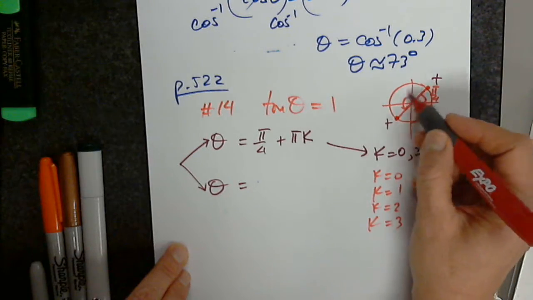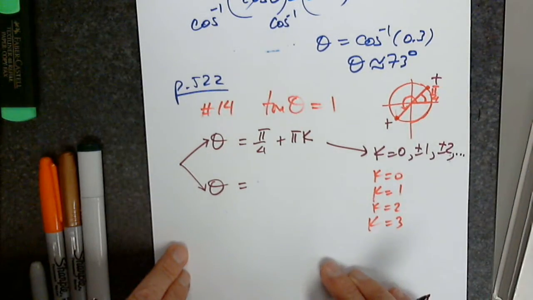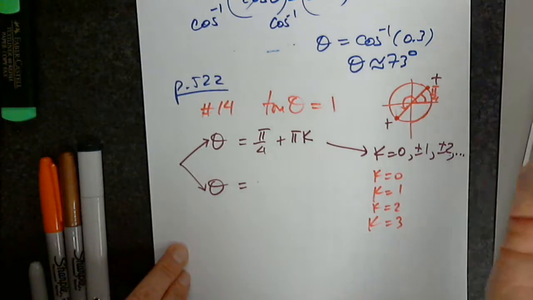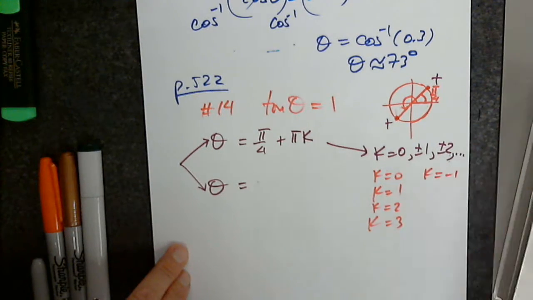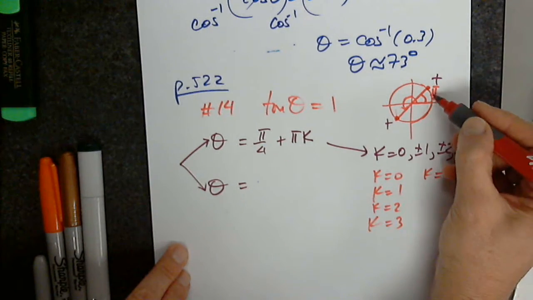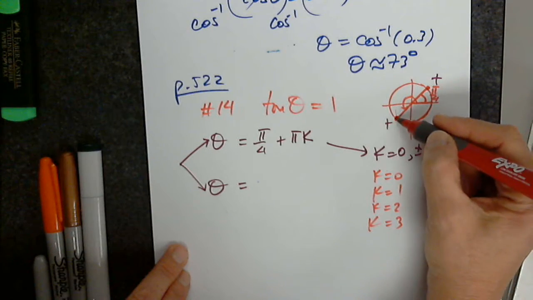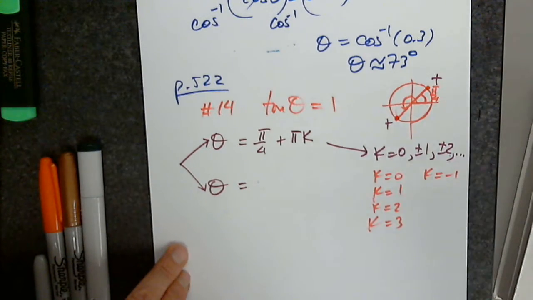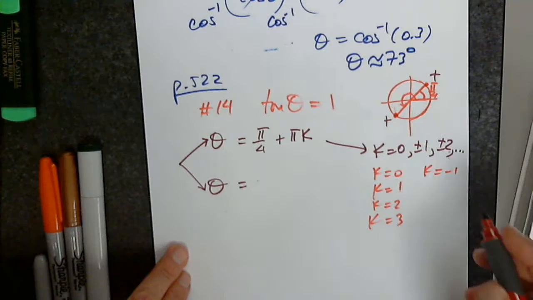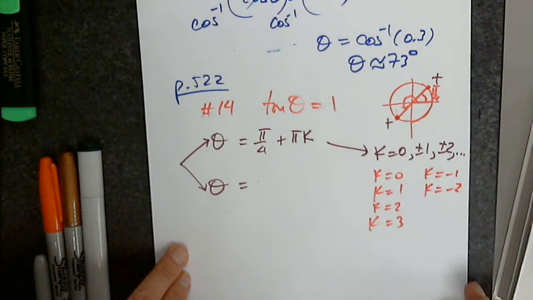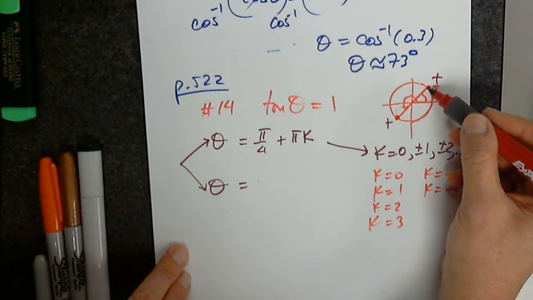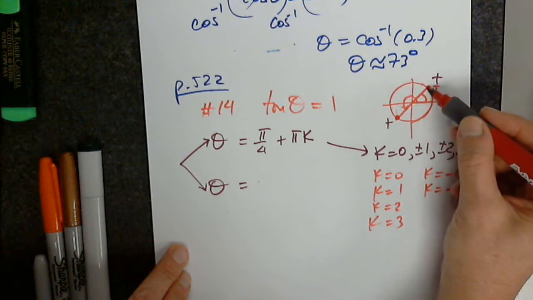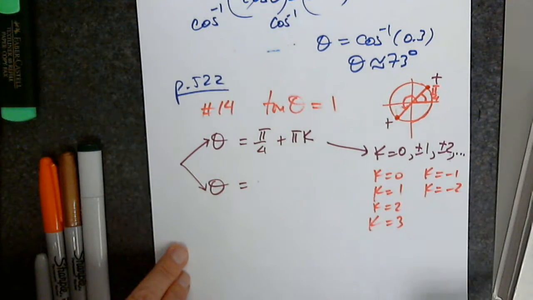Tangent of this angle is still 1. If I go backwards, with k equals -1, then I have pi over 4 minus pi, and I land here. Tangent of that angle is 1. If k equals -2, then I have pi over 4 minus a complete rotation, I land here, and tangent is still 1.